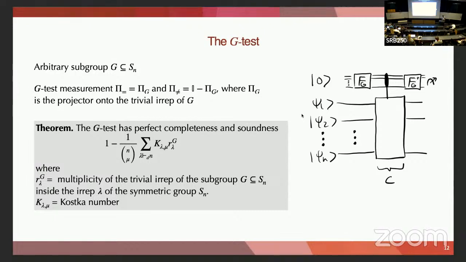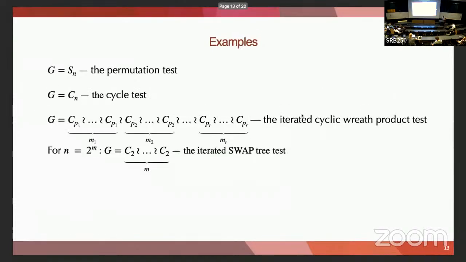Again, the circuit still looks exactly the same as for permutation tests or cycle tests and so on. Instead, we just need to use a register of the size of the number of elements in the group G as the ancillary register. As I said, some examples: if you consider the full group, this is just the permutation test, and the cyclic group Tn gives the cycle test.